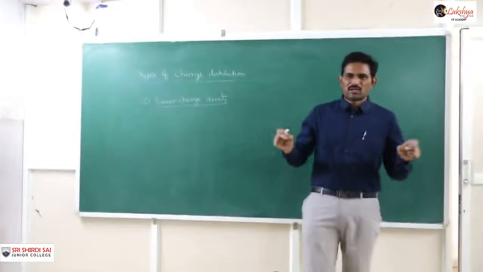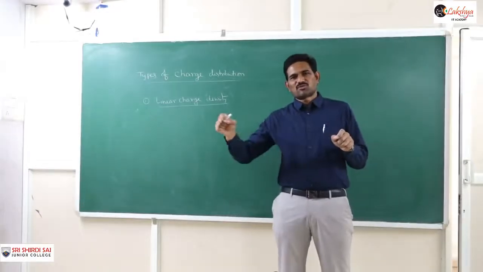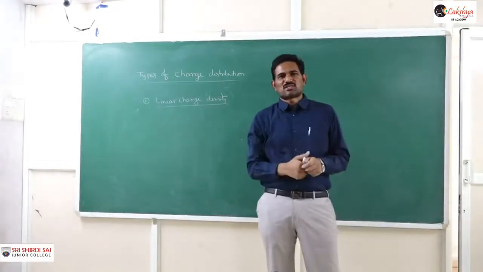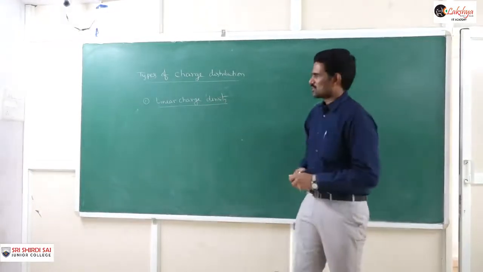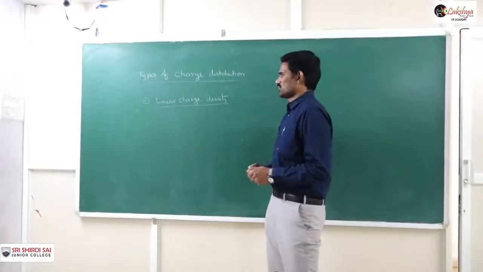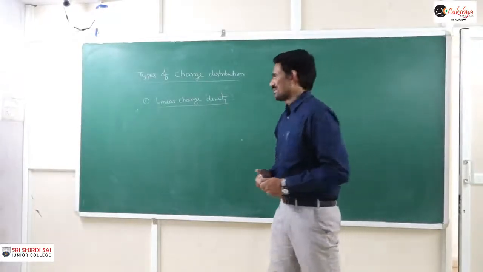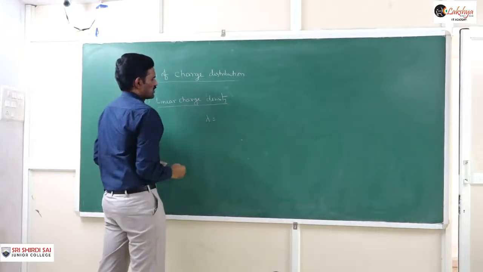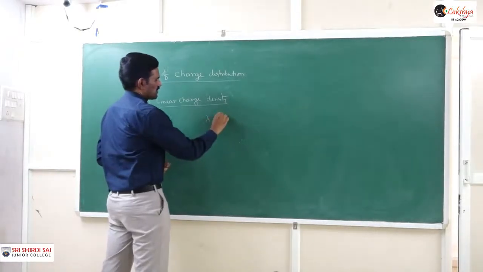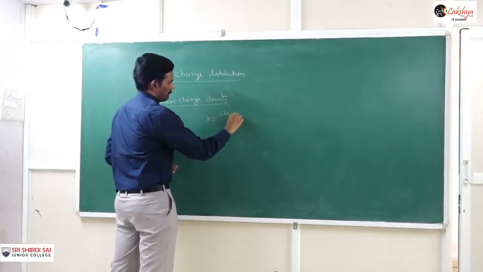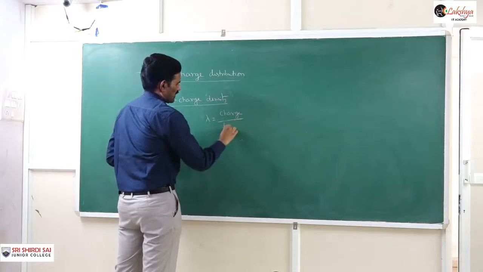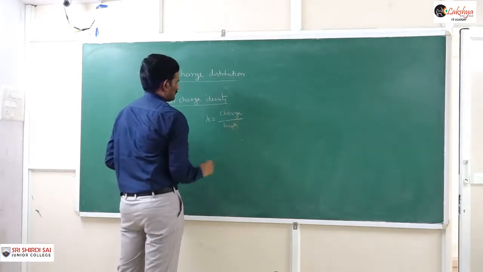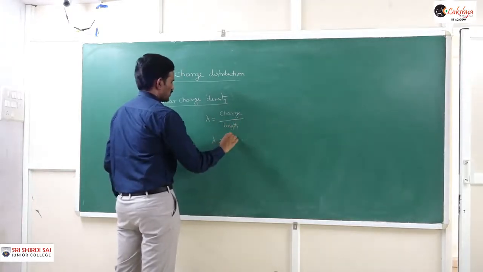If you take a wire and the charge is distributed on this wire, then such a distribution is what we call linear charge distribution. We define it as charge per unit length, that means charge by length, which is nothing but Q by L.